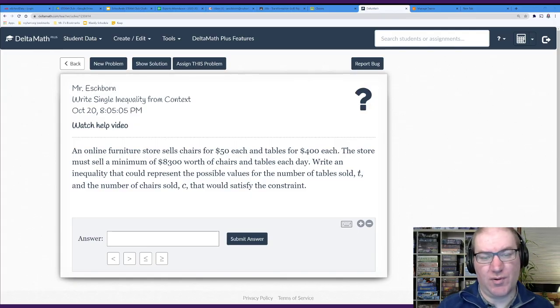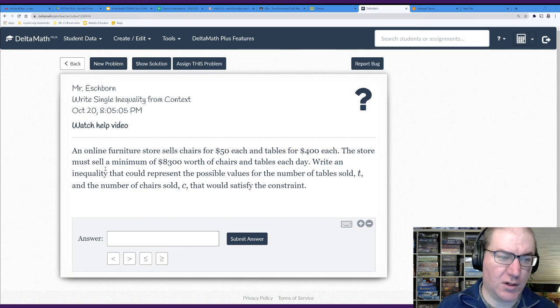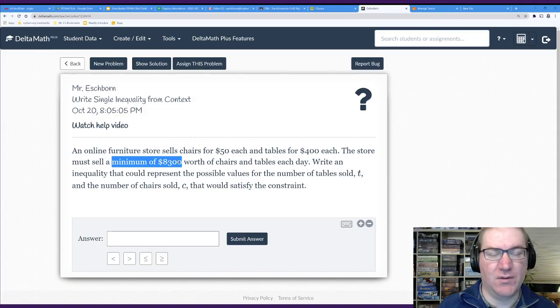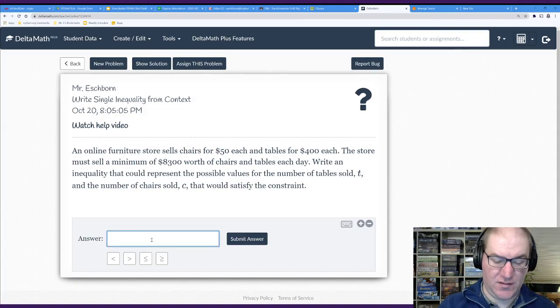So when you do these word problems, you always want to look for these words that tell you what kind of sign you're going to use. Now this one says we have to sell a minimum of $8,300. So that means my inequality needs to have an 8,300 as well as a sign saying that 8,300 is the lowest it can be.